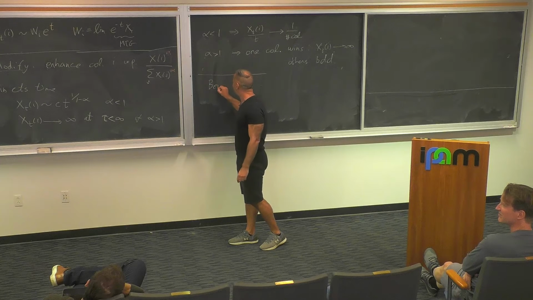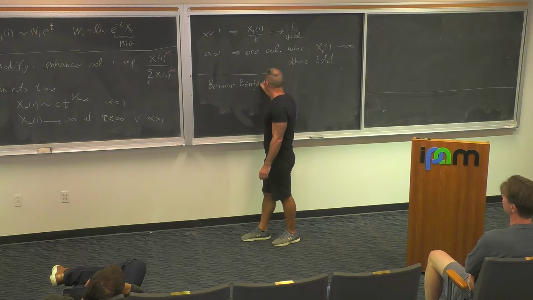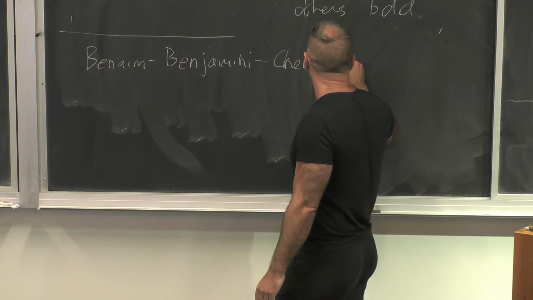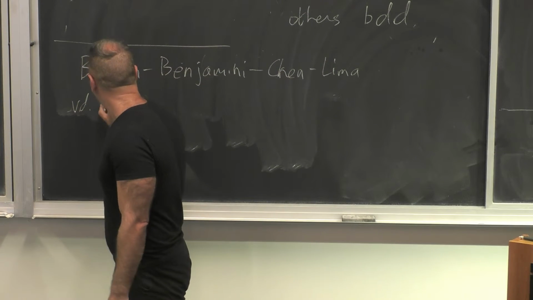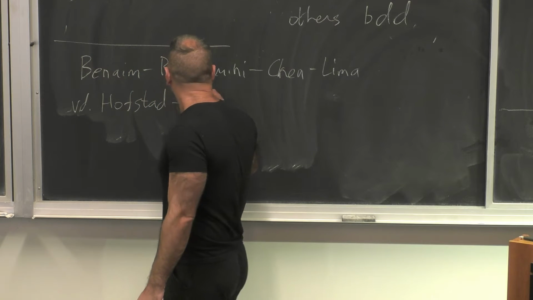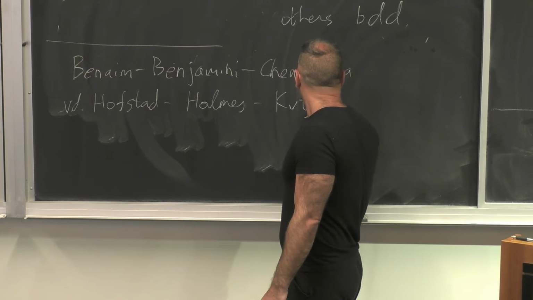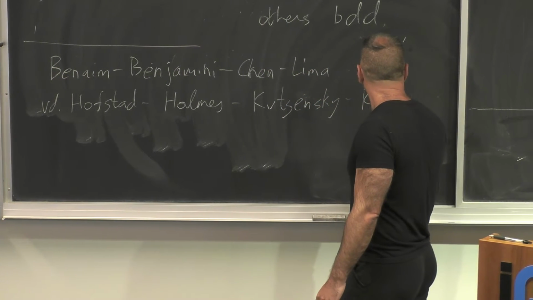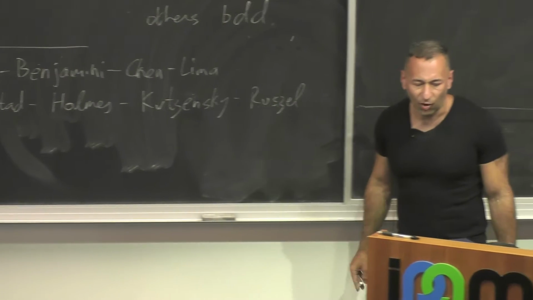One is in a paper of Benaim, Benjamini, Chen, and Lima, and another is in a work of van der Hofstad, Holmes, Kuczynski, and Ruschel, both from about 10 years ago.